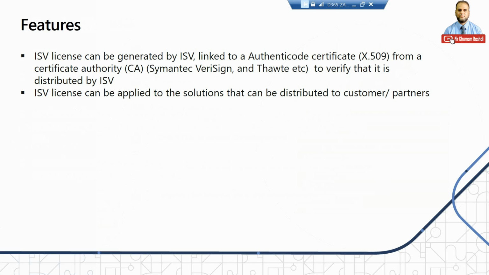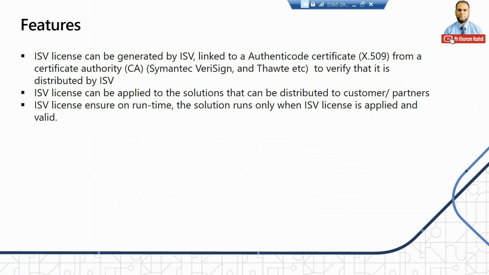It ensures that the solution is original and genuine, coming from the ISV it claims to be. The ISV license can be applied to the solution, and then this solution can be distributed to the customers and partners who will purchase it, in order to enable them to use the ISV solution.